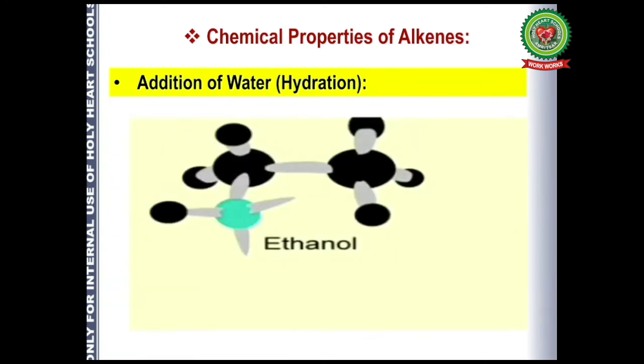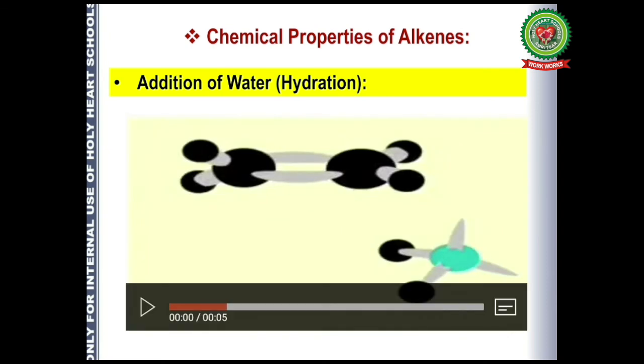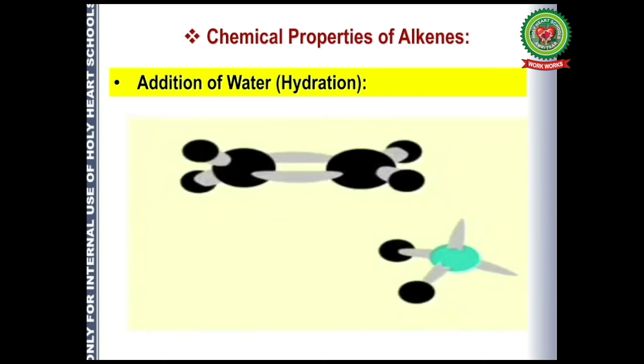Next type of reaction that alkenes undergo is hydration reaction, that is addition of water to alkenes. In this, now what happens is that water is being added across the double bond. How is it added? The blue color atom that you can see is oxygen, and the black ones are hydrogens in the H2O molecule, that is water.